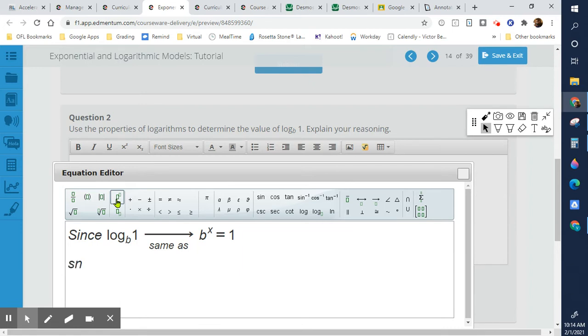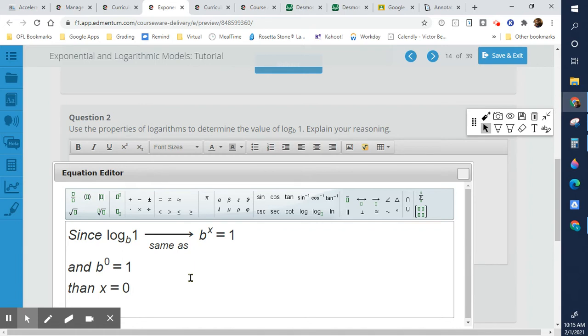And b to the 0 power. Basically what I'm saying here is this b represents any number, and b to the 0 power equals 1, then x has to equal 0.